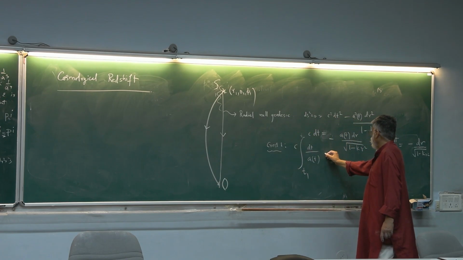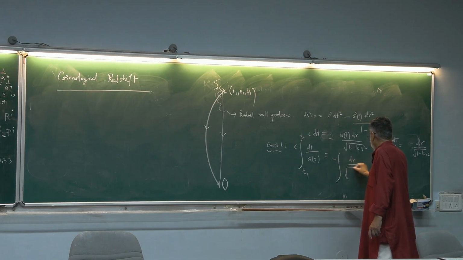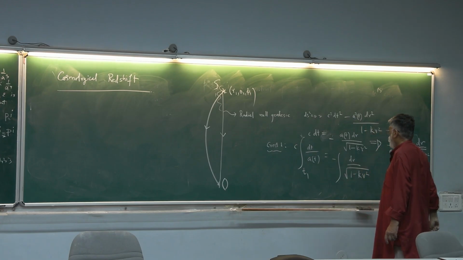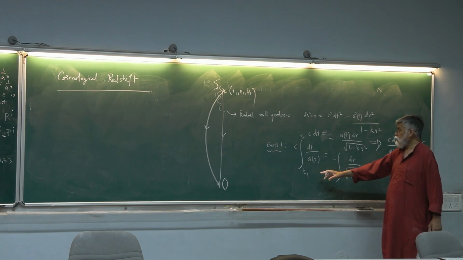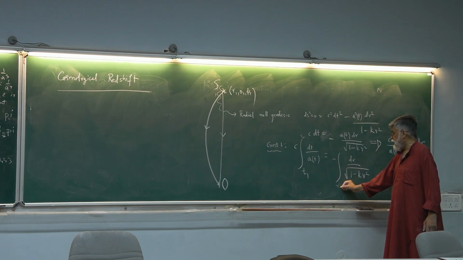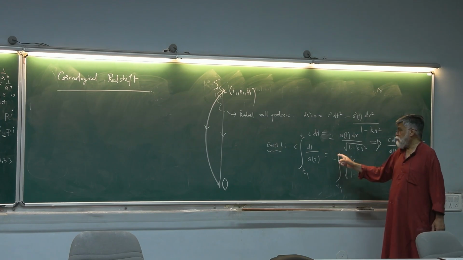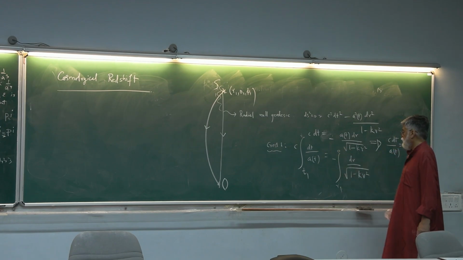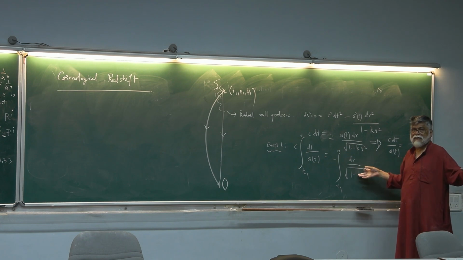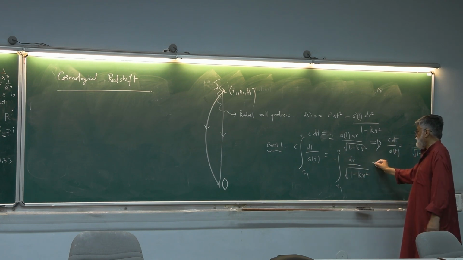This must be equal to minus integral dr. Where did it start from? It started at time t1, from r1. And where did it come? It came to the observer, which is at 0. That's why the negative sign, everything is nice. I can invert and I'll get the positive sign.